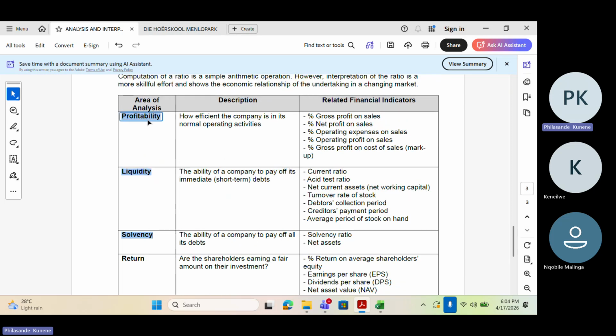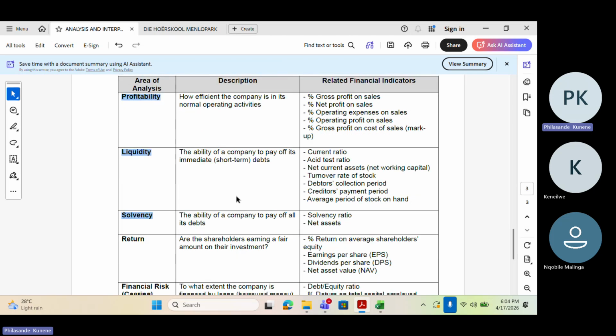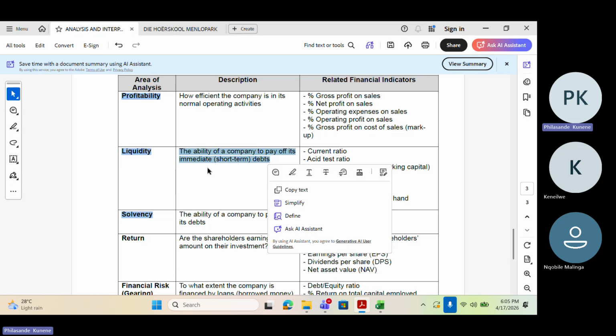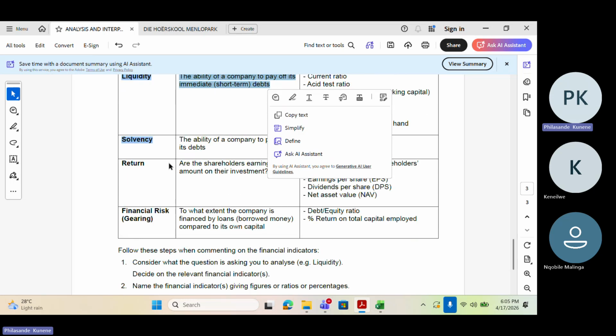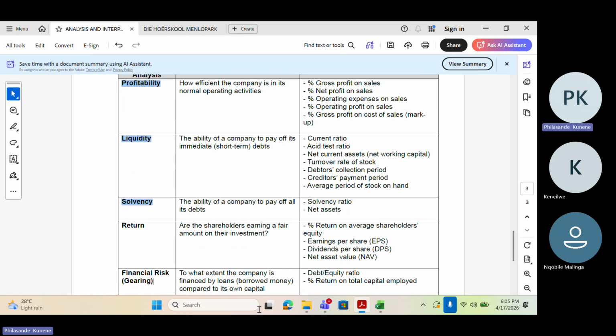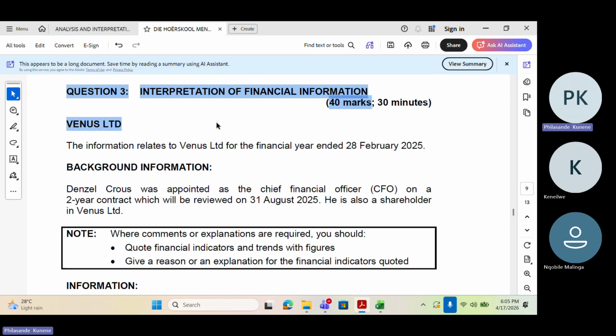When I'm talking about profitability, what is it that I'm actually talking about, and what is the description that we have under profitability, liquidity as well. When I'm talking about liquidity, I know that I'm looking at the ability of a company to pay off its immediate or short-term debt, right? We must know when we talk about return, what is it that we're looking at? When we're talking about the financial risk or gearing, what is it that we're looking at? Very important for you to answer the financial indicators question, okay?